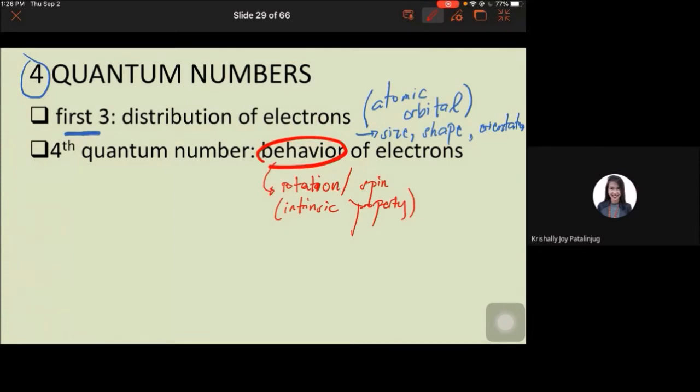So without further ado, let us start with the first quantum number. When you study this, go in chronological order: first quantum number, then second quantum number. You cannot jumble them.